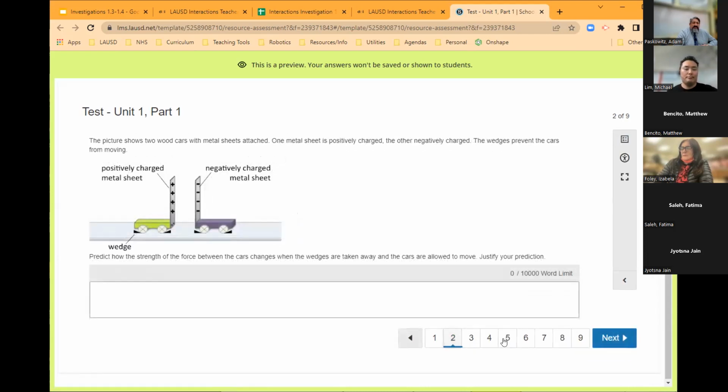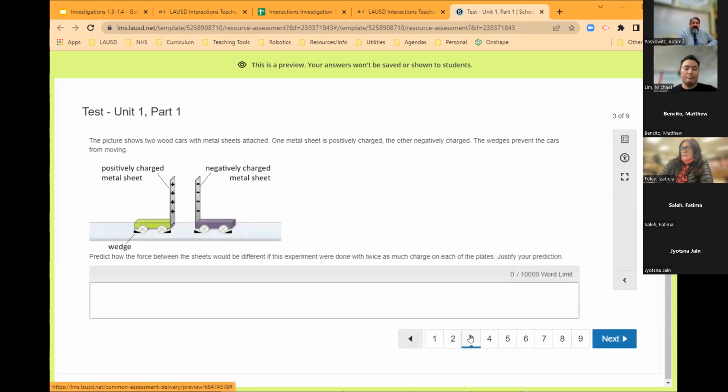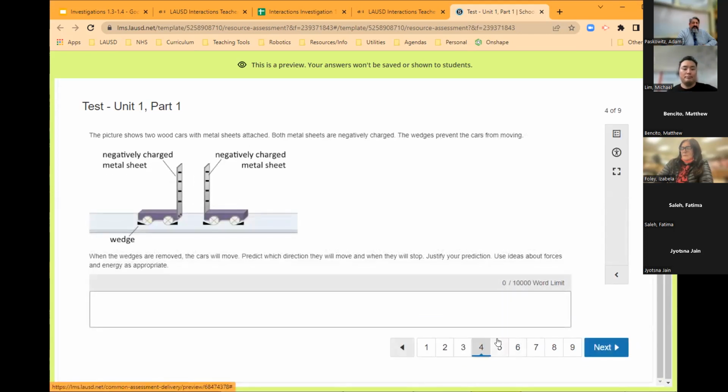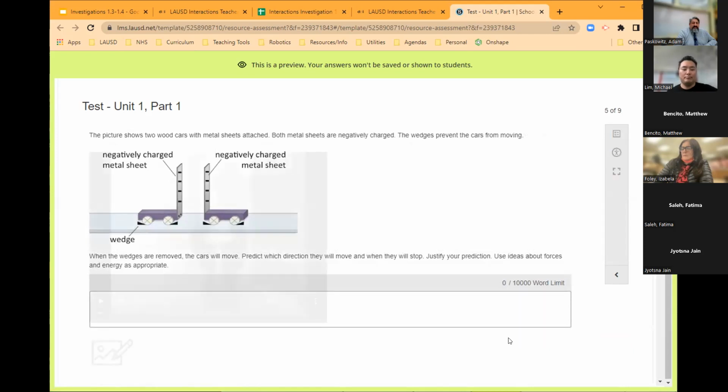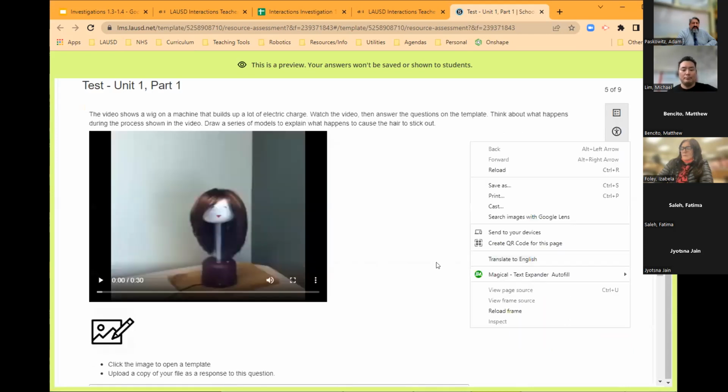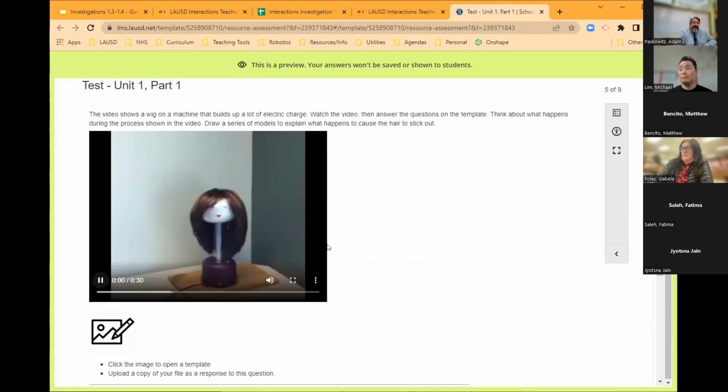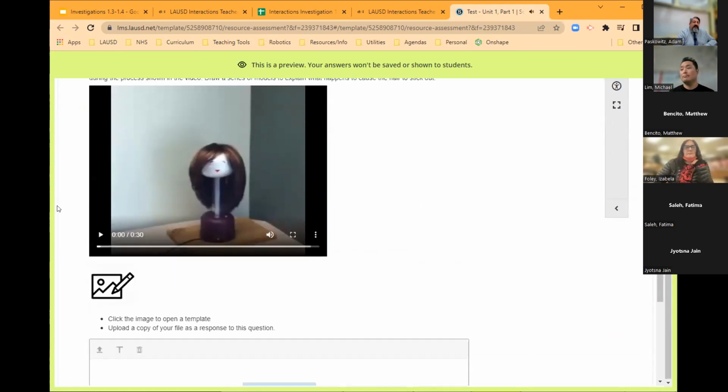So you can see that we see how the strength of force changes. So that's a question about fields, and then a question about force. So these are NGSS focused questions, and then we do have a model. We have a video of the wig on the Van de Graaff generator, and that's embedded in the test.